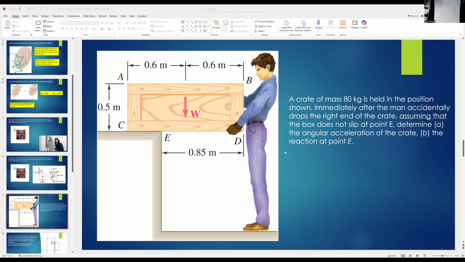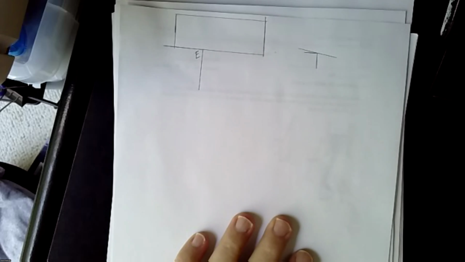And in fact, if you know how to do this or want to make an attempt at it, more power to you, because the best way to learn it again is practice. Okay, so I'll assume you've paused it, you've written it down. So we have something like this. Stop the share. And there's our crate.